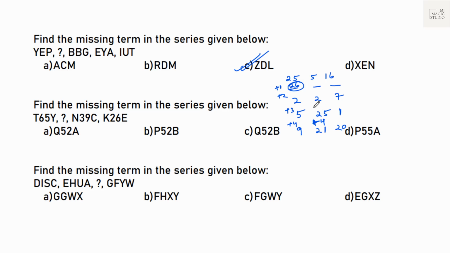Then 25, 26, 1 plus 2 plus 3. Then I'll go with plus 2. 2 is 4. 4 is D. And plus 1 is 5. Done. It is ZDL.